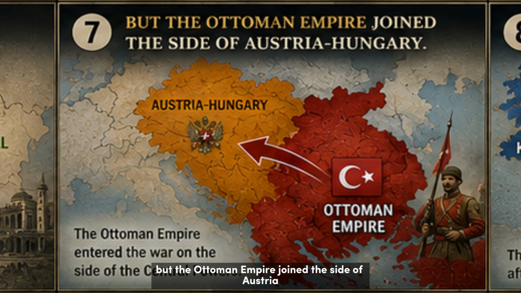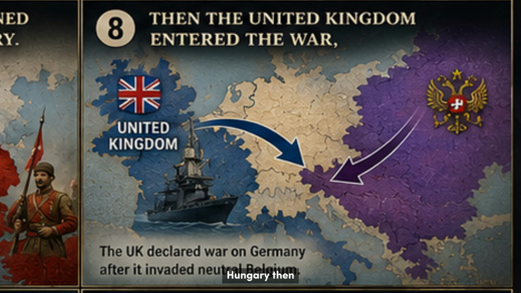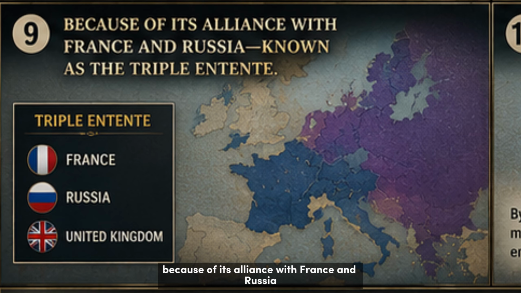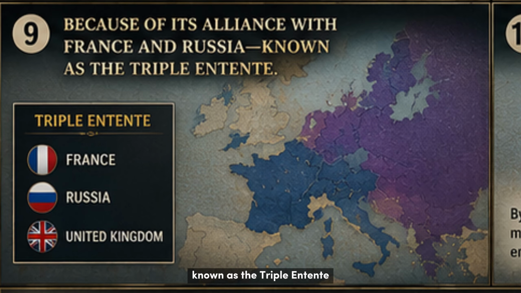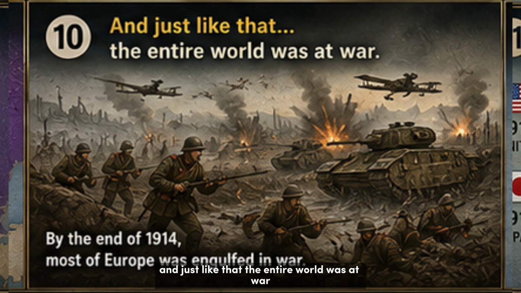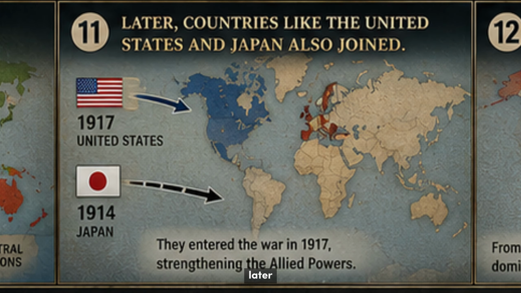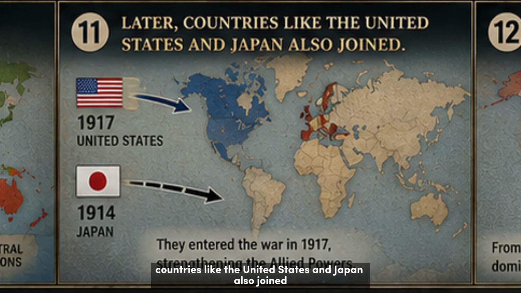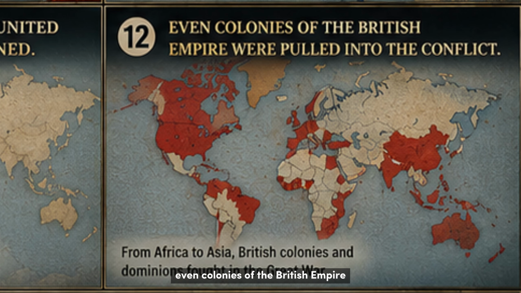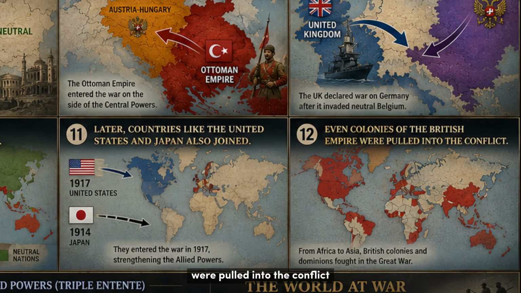But the Ottoman Empire joined the side of Austria-Hungary. Then, the United Kingdom entered the war because of its alliance with France and Russia, known as the Triple Entente. And just like that, the entire world was at war. Later, countries like the United States and Japan also joined. Even colonies of the British Empire were pulled into the conflict.